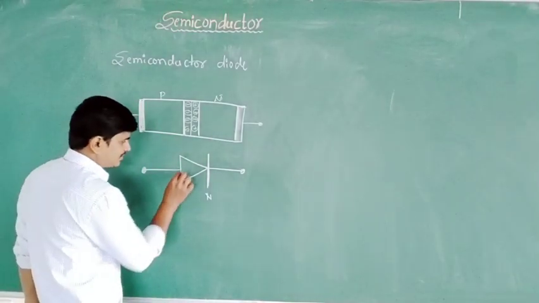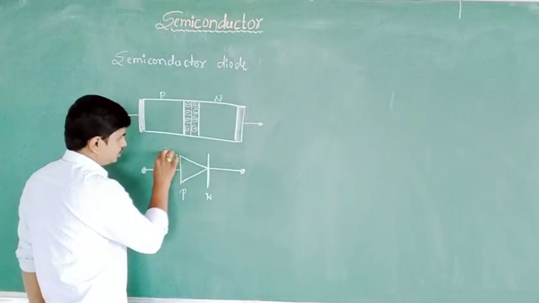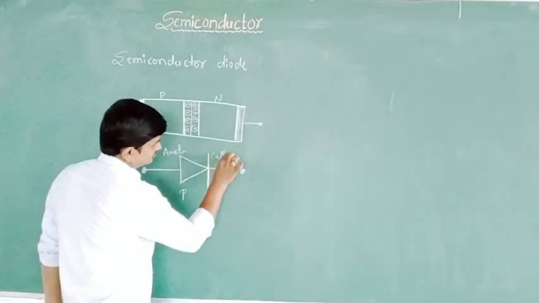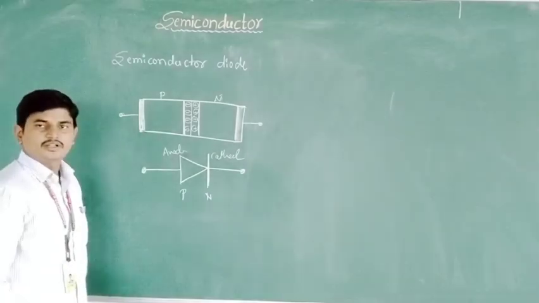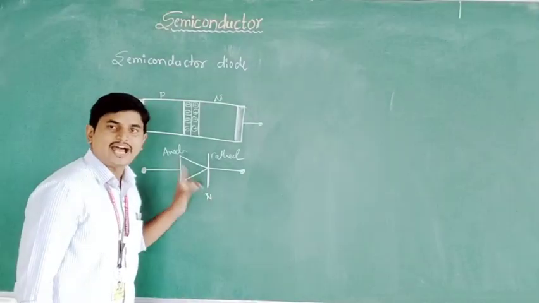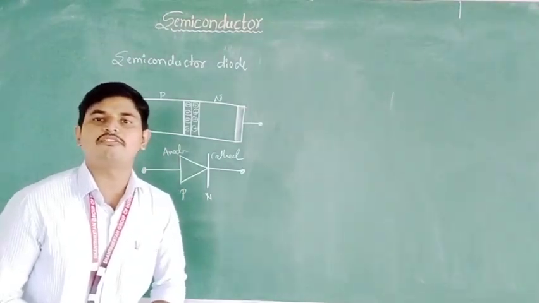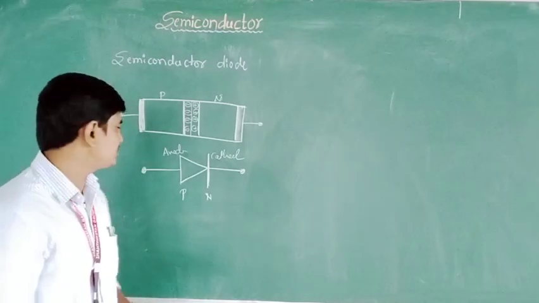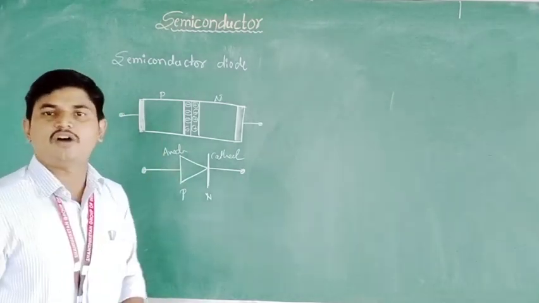The P-type semiconductor we can call the anode, and this is the cathode. One is the anode, the other is the cathode, and the arrow represents the direction of flow of current in forward bias.